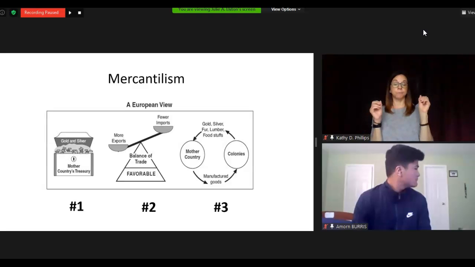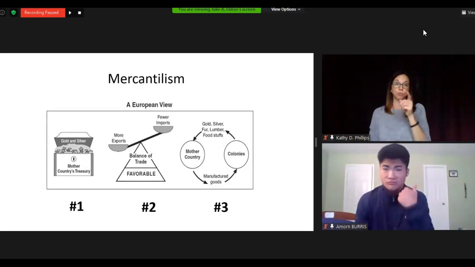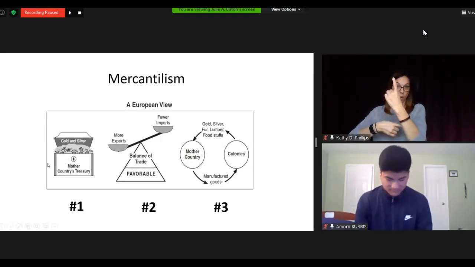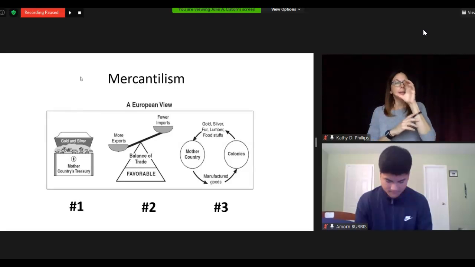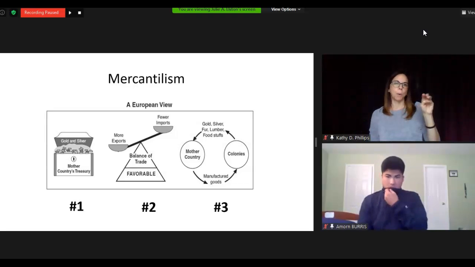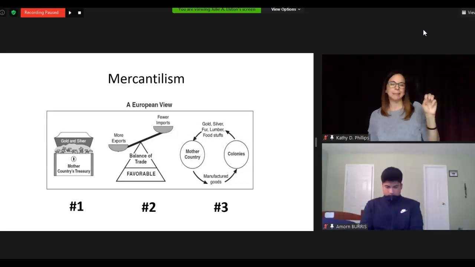Okay, just to make sure you understand what we're doing, you have a piece of paper with 3 numbers, right? Just one number for each picture. What I want you to do is try to guess what the picture symbolizes as an important component of mercantilism. What is the picture trying to show?